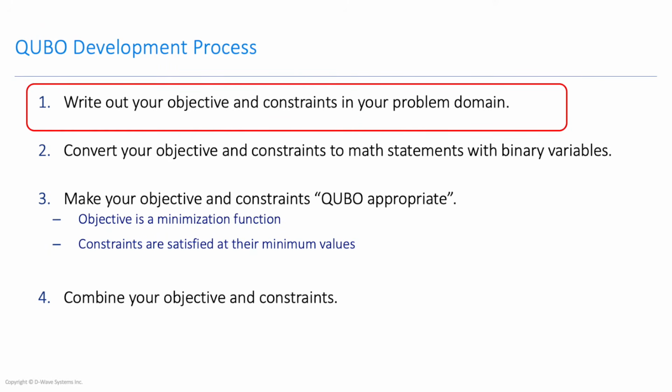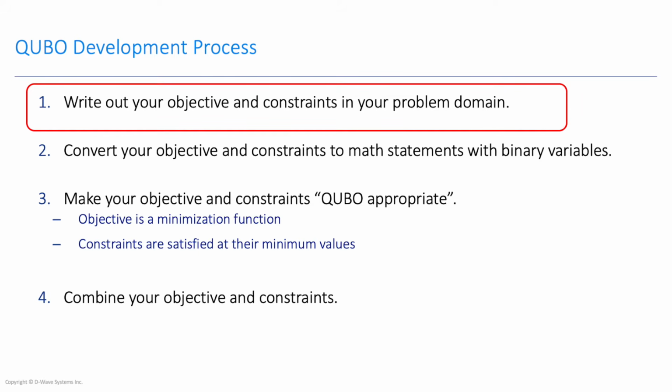So to go over this process, we're going to write our problem out in the objective, that is, objective and constraints in the problem domain. We convert them to math statements with binary variables, and we already did that with the one hot problem.